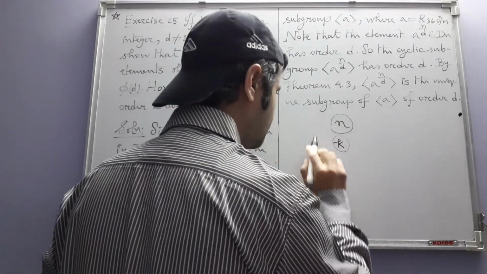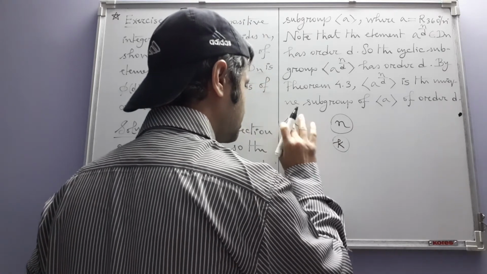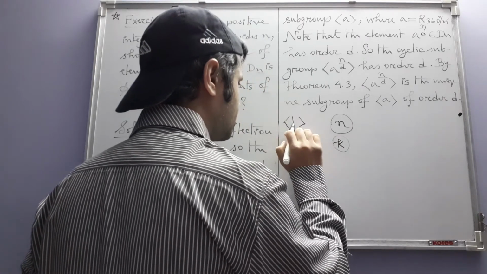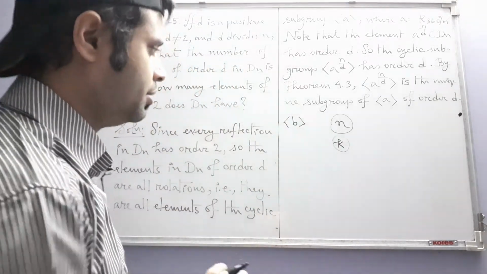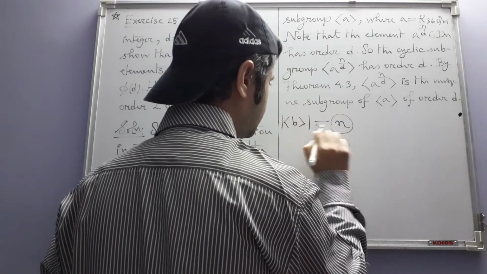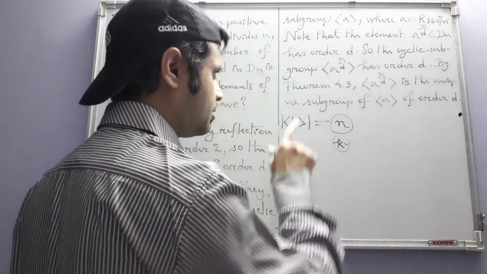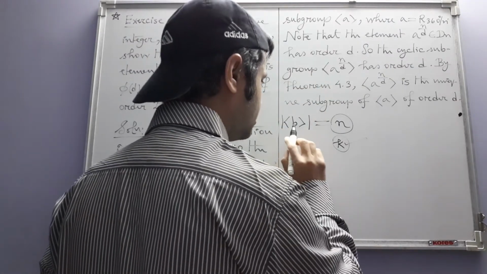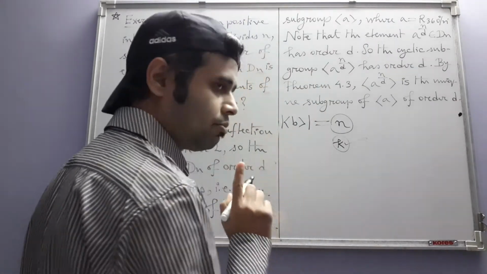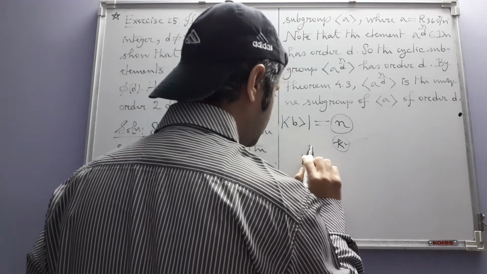To distinguish it from that A, let me denote the original cyclic group's generator by B. So this is our cyclic group which has order n, and k is a positive integer that divides n. Then theorem 4.3 says that this group has exactly one subgroup of order k, and that subgroup is this.